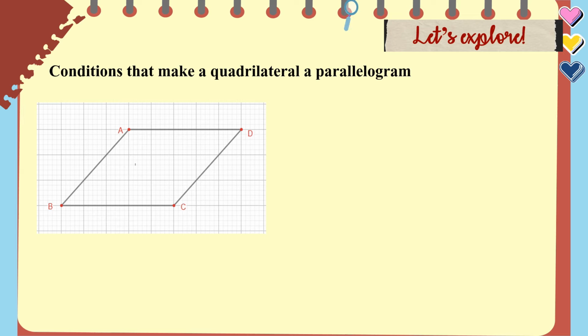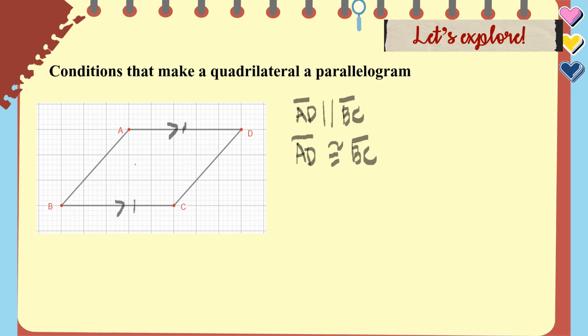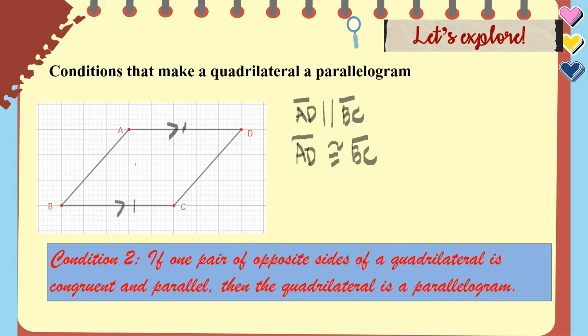We can say that AD is parallel to side BC, and by condition 1, we also said that side AD is congruent to side BC. Condition 2 states that if one pair of opposite sides of a quadrilateral is congruent and parallel, then the quadrilateral is a parallelogram.